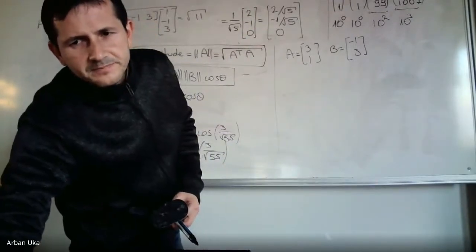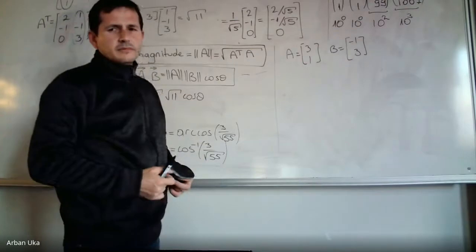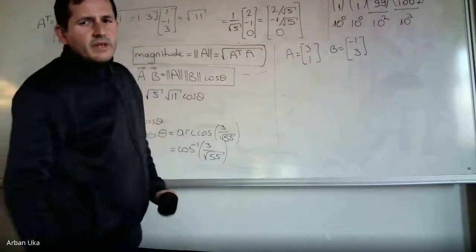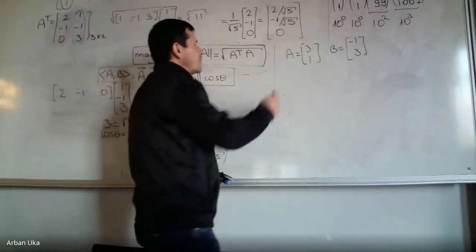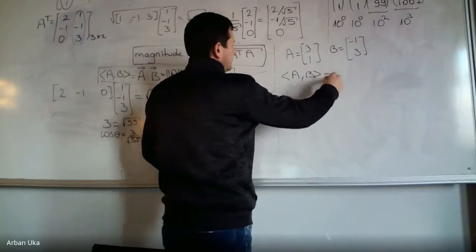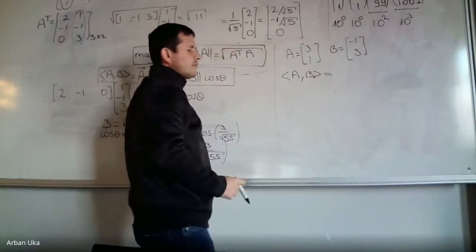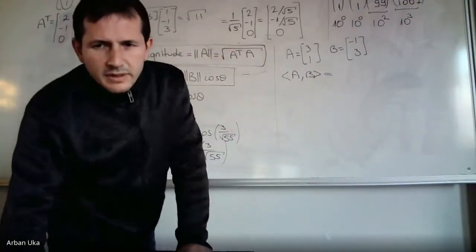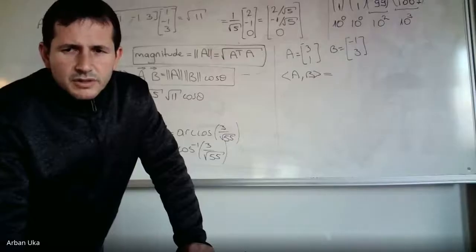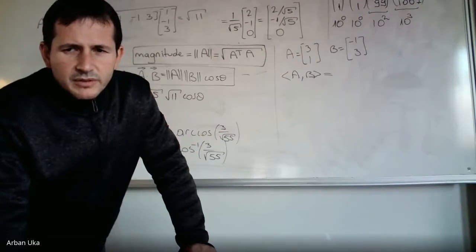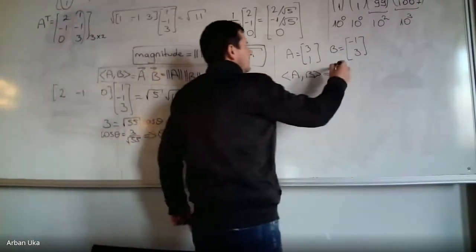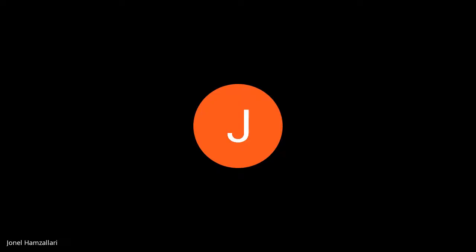Casey? Casey, can you help me here? What is the inner product of A and B? Should be 0. Okay, what about Yonet? Can you help me here? It should be 0.